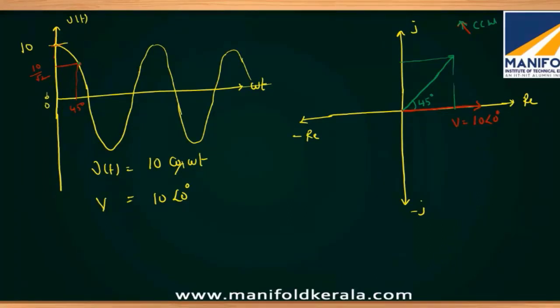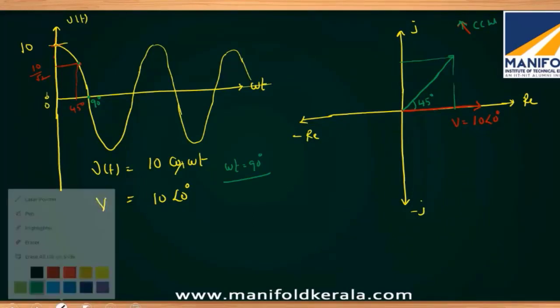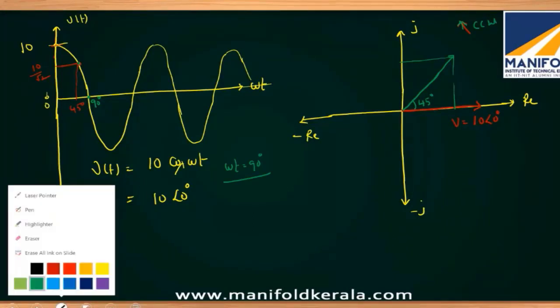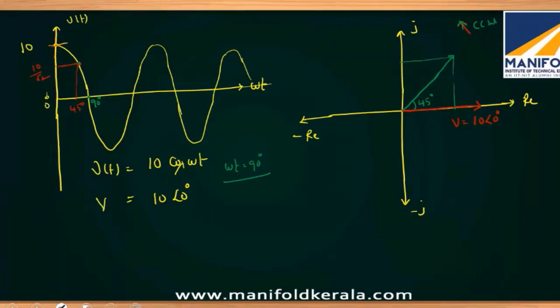Now, when this time domain signal comes to 90 degrees, what is the instantaneous value of this voltage when omega t equals 90 degrees? 0. So when this phasor rotates in the anti-clockwise direction till 90 degrees, what is the real axis value? The real value is 0.